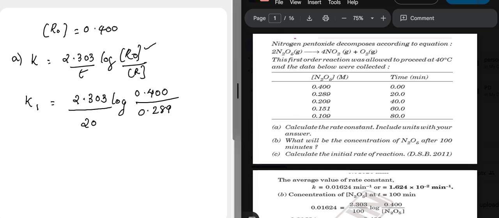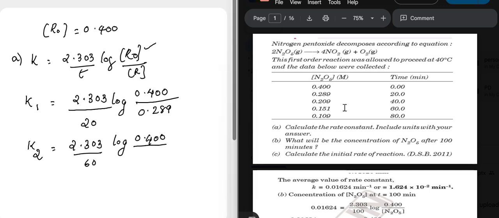Similarly, at another time interval, for example if I am taking time as 60 minutes, we can calculate another rate constant: 2.303 by 60 into log R0 by R. R0 is always the same, and at 60 minutes the concentration is 0.151. Again you need to solve, and you will get another rate constant value, that we can take as K2.